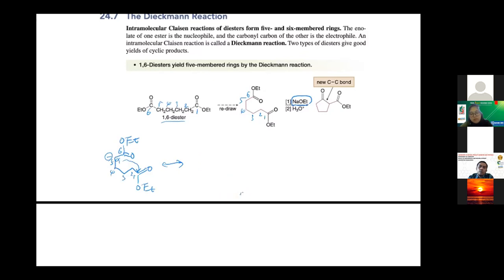So like this. A little bit difficult, write it down. Yes, same as the Claisen reaction.